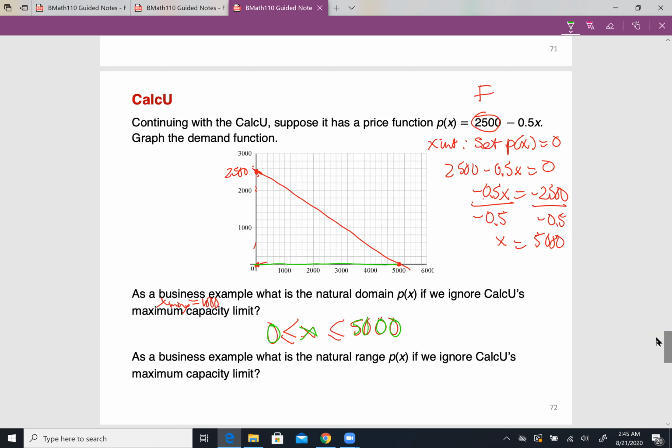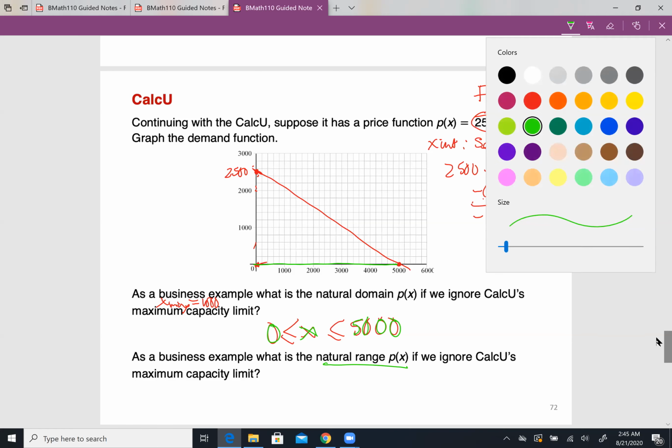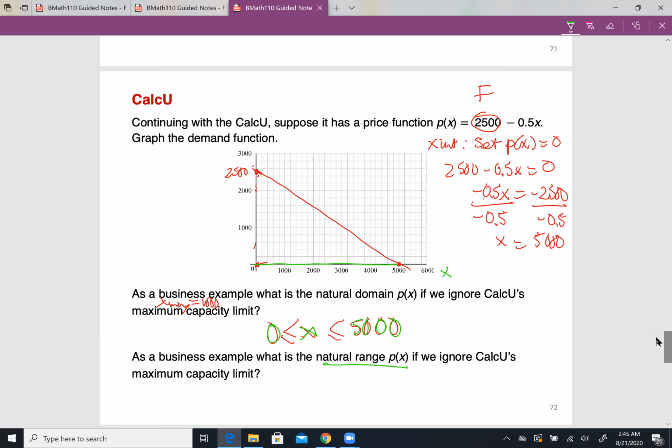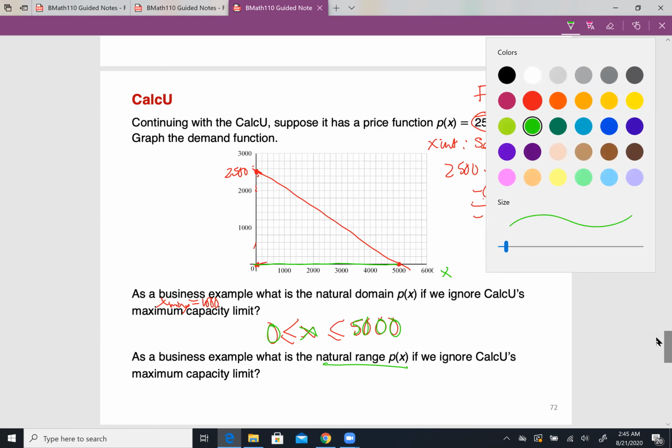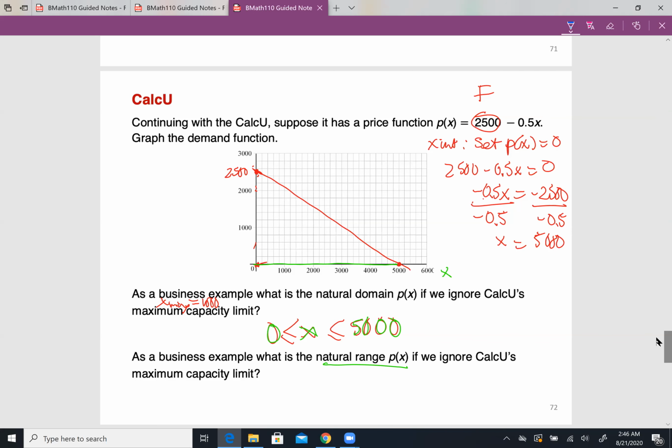What about the natural range of P of x? You have to look at the y value of P of x.